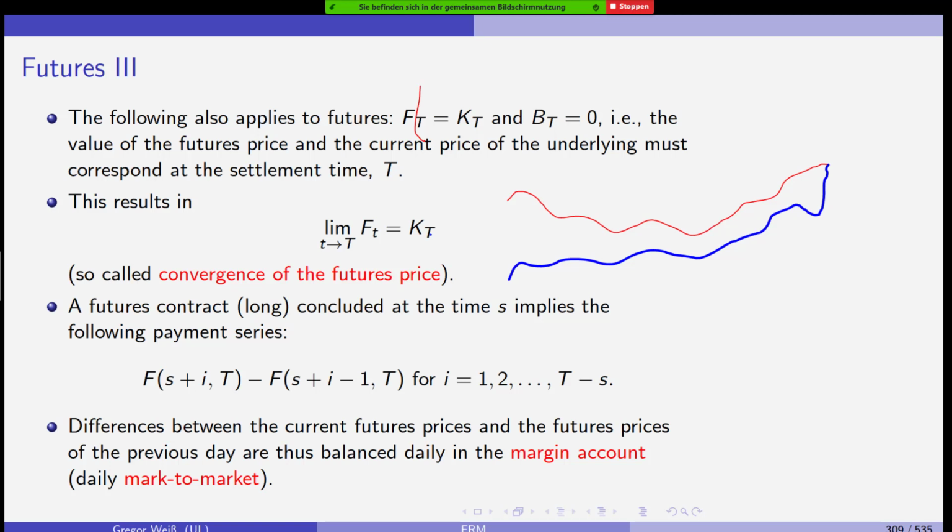And at some point, if you don't have enough money in your margin account, you will get what we call a margin call. That is, the futures exchange will say, dear trader, you've run out of money on your margin account. Please pay additional money into your margin account. Otherwise, we will close your account, sell off your futures contract and close your position.